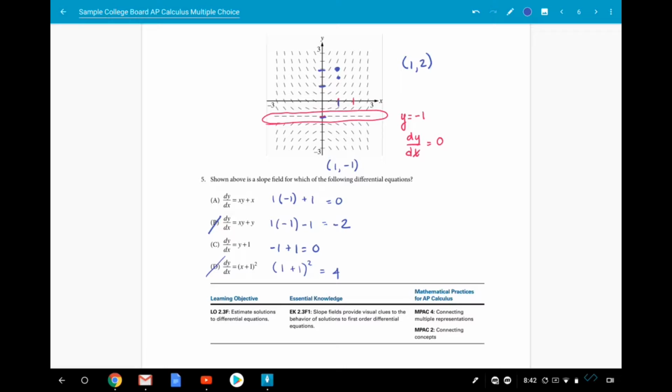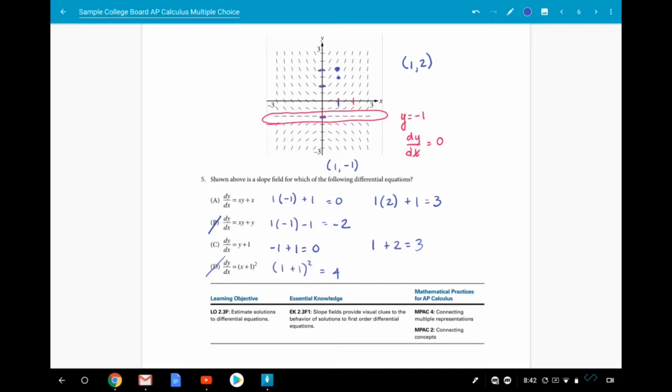Let's see which one works. So over here I have 1 times 2, plus 1, which would give me 3. That could be right. And over here I have 1 plus 2, which is 3. And as you can see, that doesn't really help us too much.